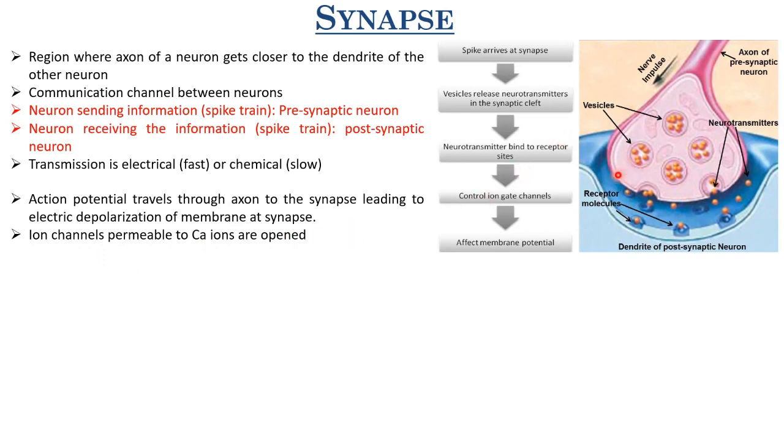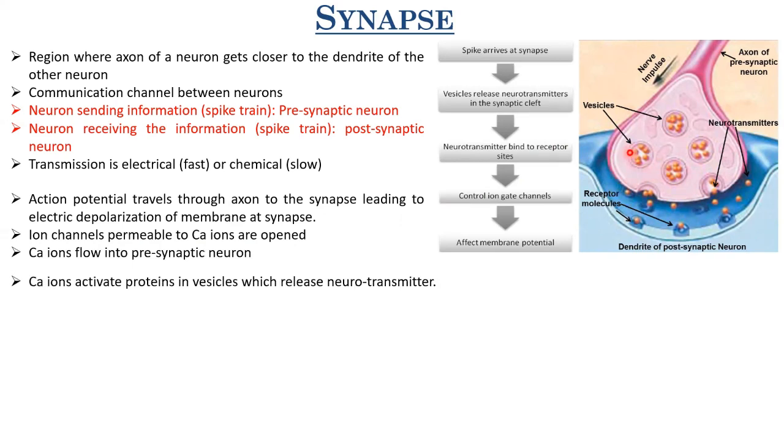As such, calcium ions are able to enter the presynaptic neuron. These are your vesicles. Once the calcium ions enter, they activate the proteins in the vesicles which release the neurotransmitter. It's these neurotransmitters which are carrying the information.